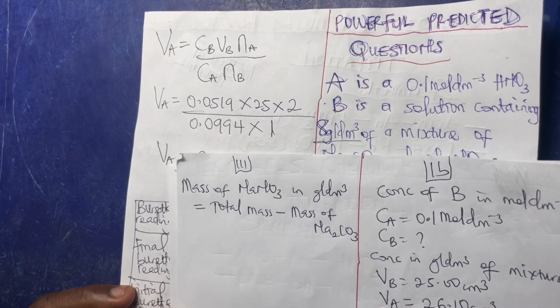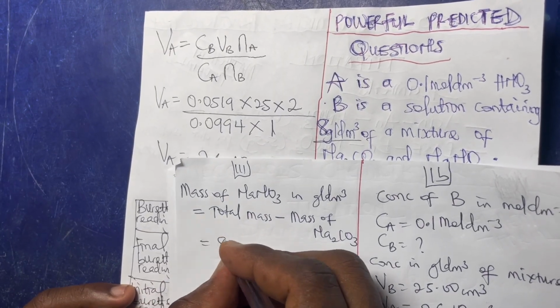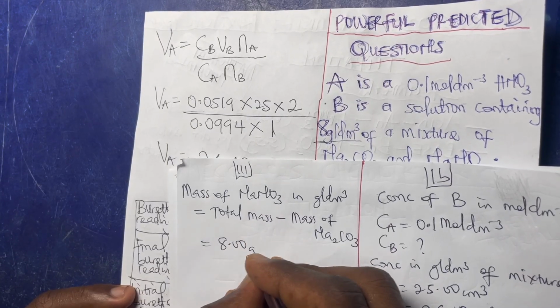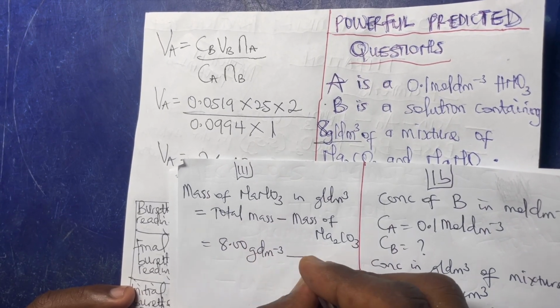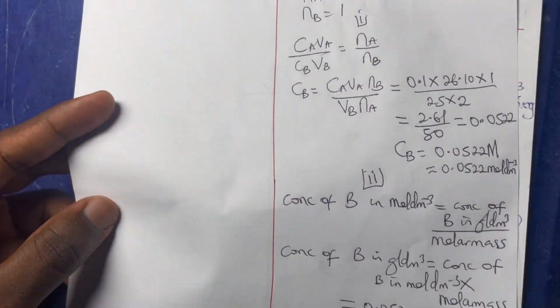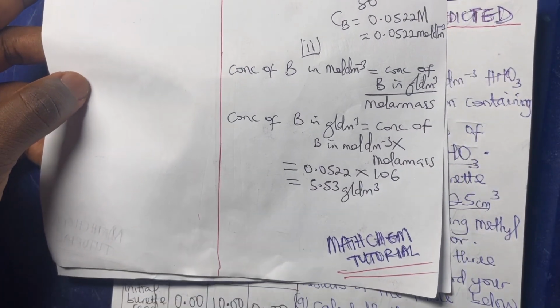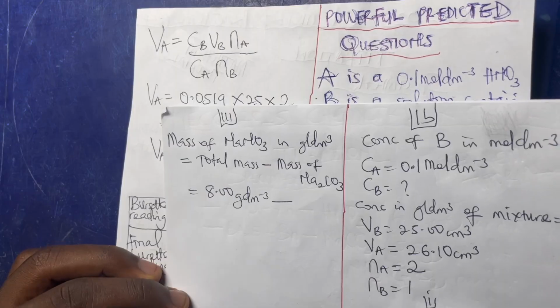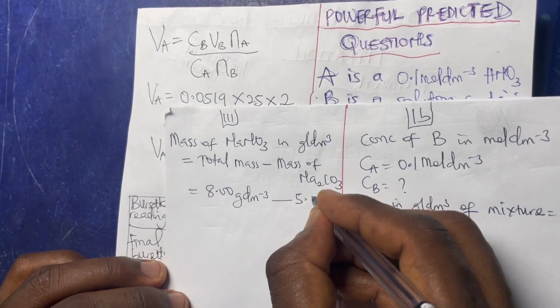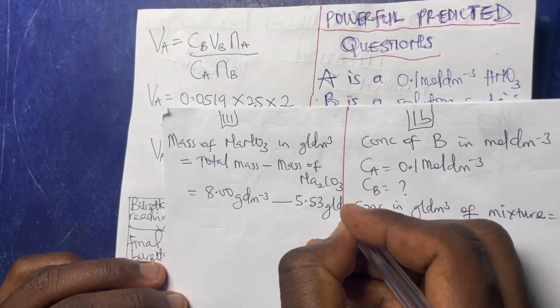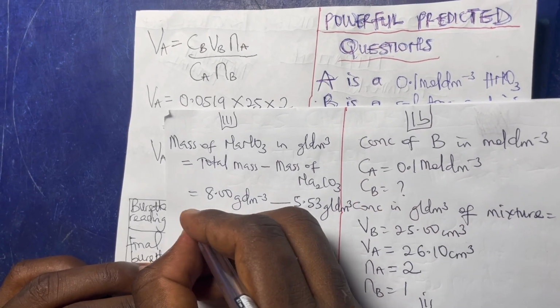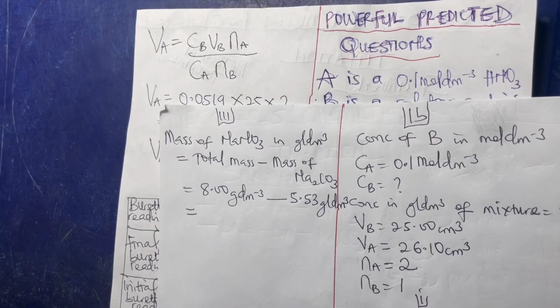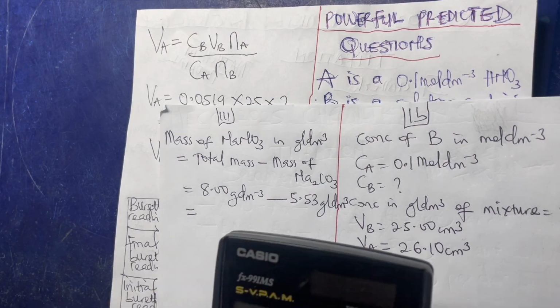So the total mass is 8.00 gram per dm cube, minus 5.53 gram per dm cube. So if I just subtract that, 8 minus 5.5, 8 minus what?